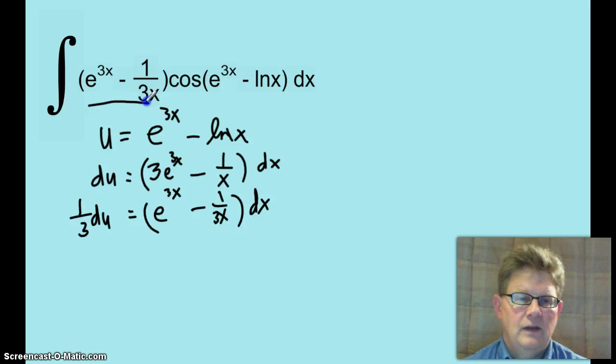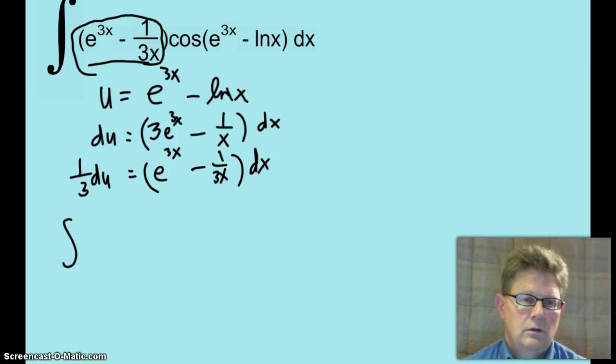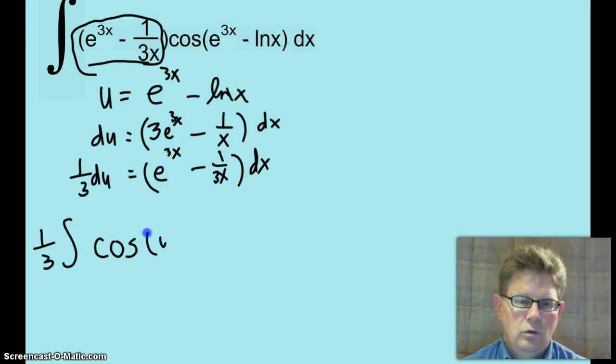That's what we want, because that's what that is right there. So we have 1/3 times the integral of cosine of u du. So 1/3, the antiderivative of cosine is sine u plus some arbitrary constant.